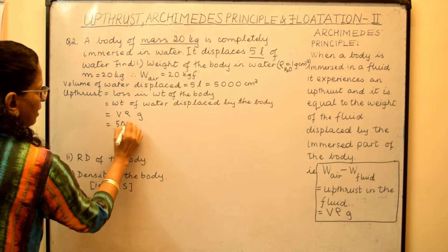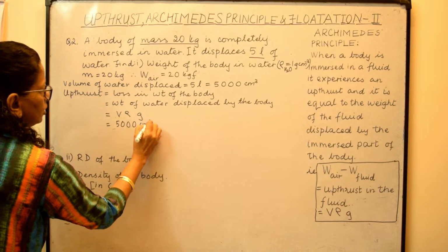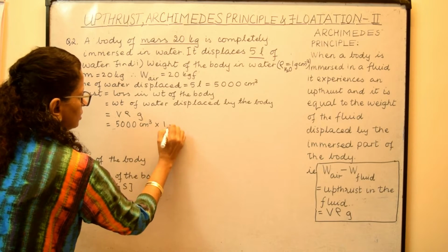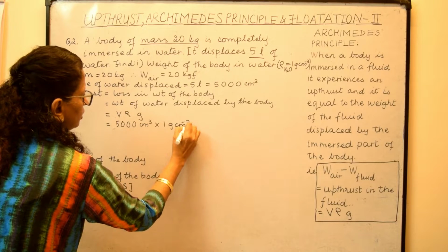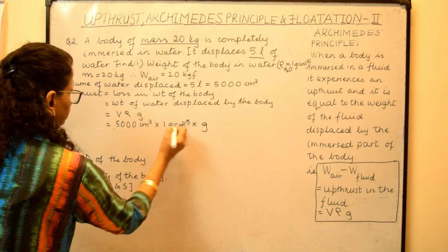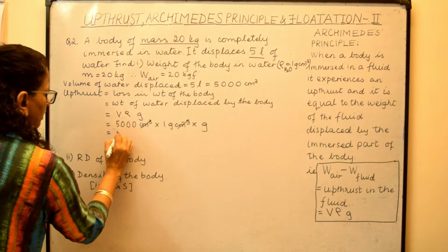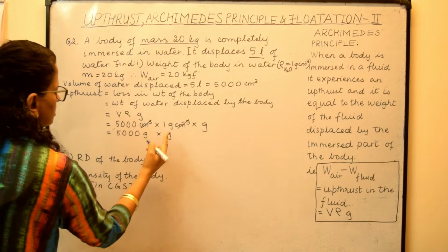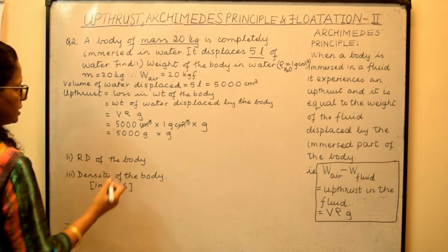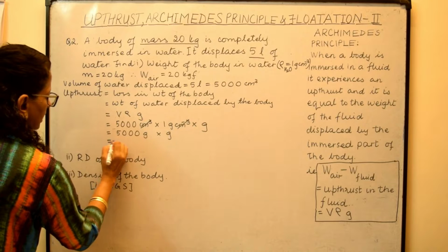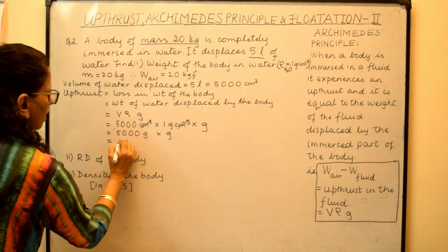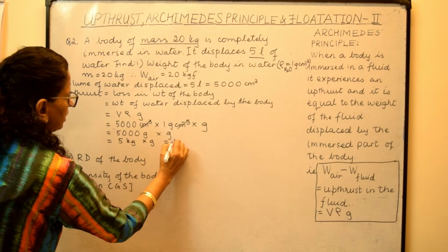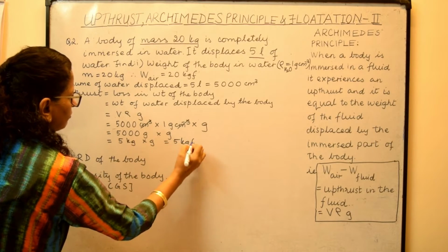So we will write here 5,000 centimeter cube multiplied by rho of water, that is density, is 1 gram per centimeter cube multiplied by G. That will give us 5,000 grams multiplied by G, which is the gravitational acceleration. And so that gives us 5 kg into G, and that is equal to 5 kgf.